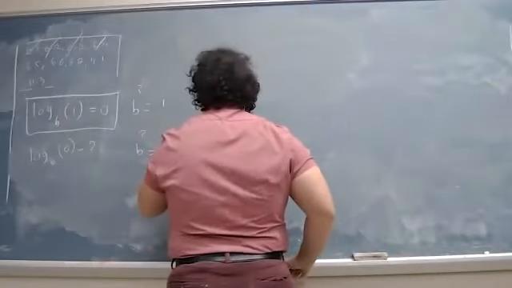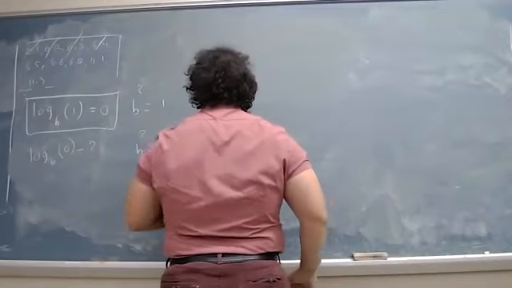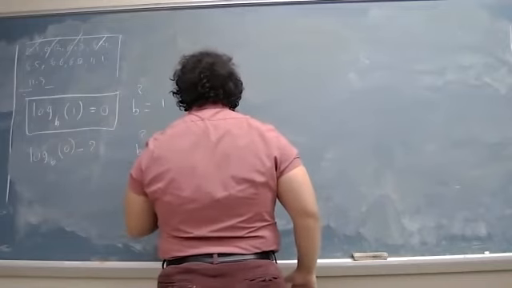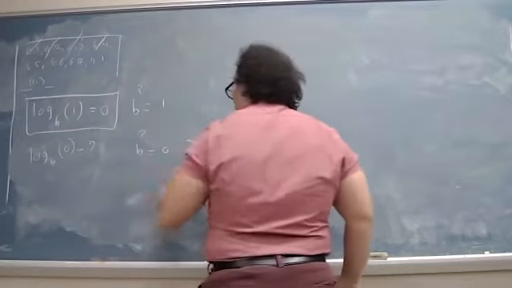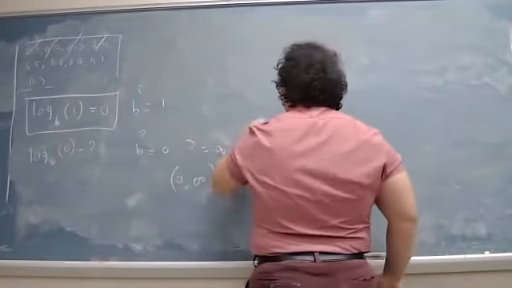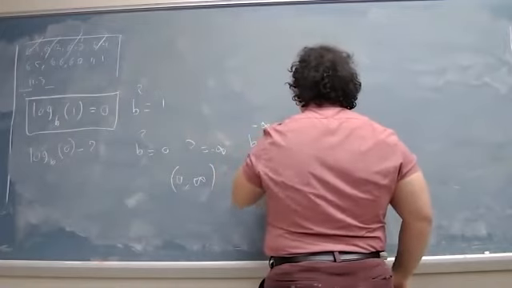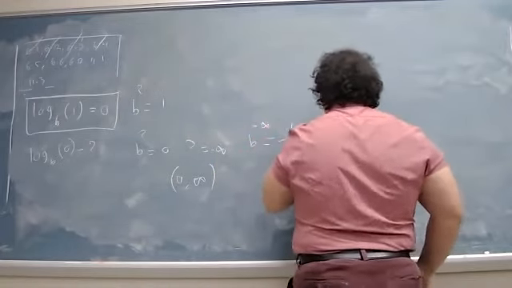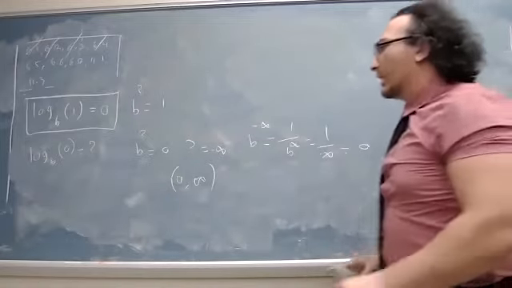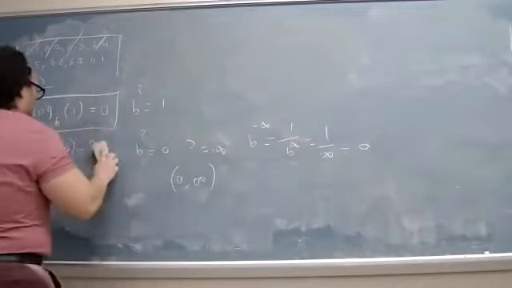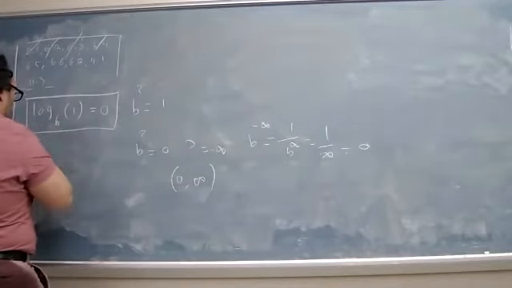The question mark is really negative infinity. And so that's why the domain of the function is 0 to positive infinity. Because when this is negative infinity, we have b to the negative infinity is equal to 1 over b to the infinity, which is equal to 1 over infinity, which is equal to 0. So actually, that's part of why the domain is the case.